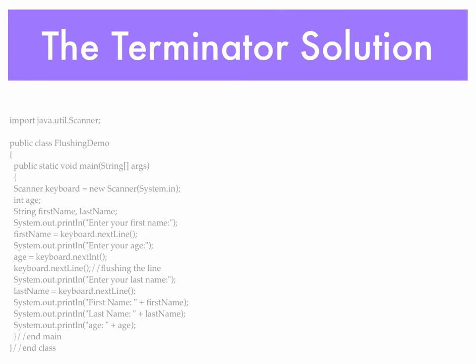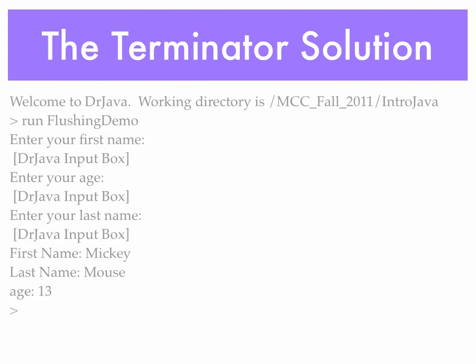That moves that read head beyond that return key, so that now when I execute the line lastName equals keyboard.nextLine, I'll grab what the user entered in response to my request, enter your last name. So here I see the execution of this program as I entered Mickey, 13, and then Mouse. Those were appropriately grabbed and saved into the right spaces. So first name was Mickey, last name is Mouse, and the age is 13.